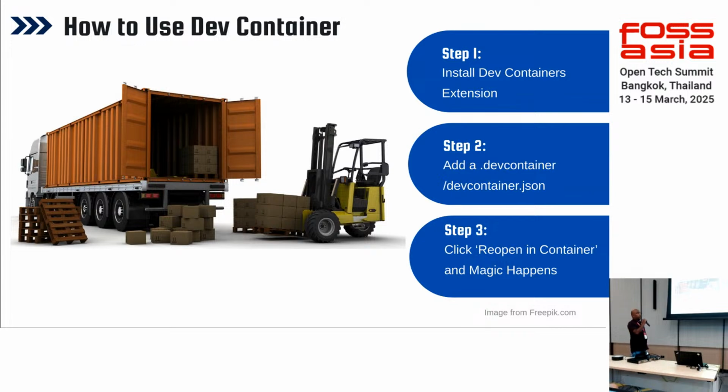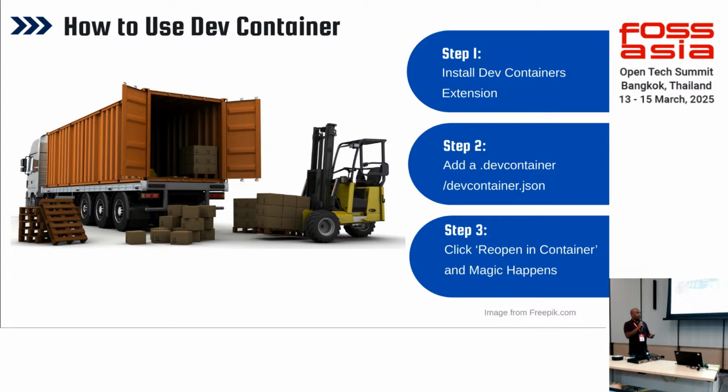How to use a dev container? Step one is you need a dev container extension. In Visual Studio, as an example, you can go to extensions, look for the dev container extension and install it. Step two is to add a devcontainer.json file, and that is where you specify what your Dockerfile is.